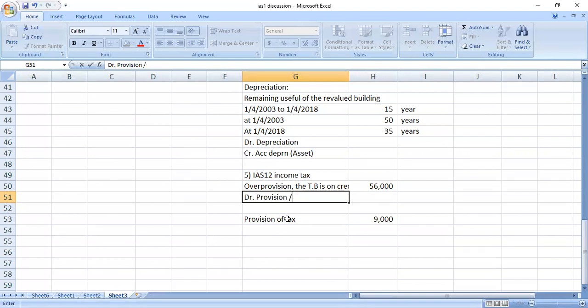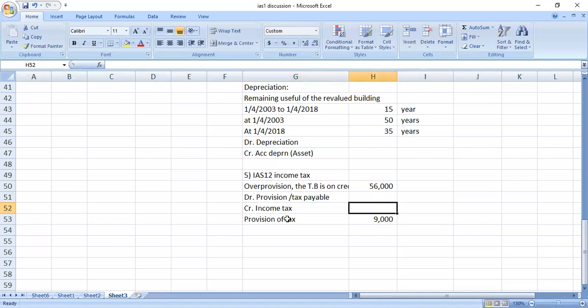You know that a provision is a liability. That's one. Then the credit goes to the tax expense itself, income tax or tax for the year. So this 56 is supposed to be treated as simple as that.